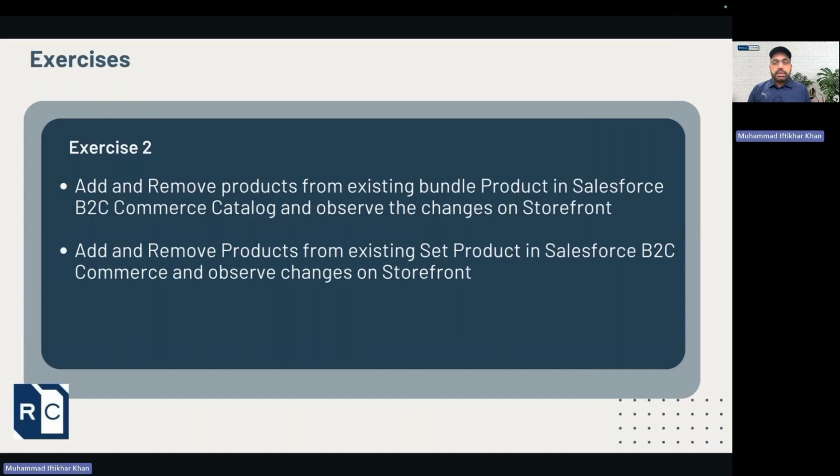In exercise number 2, we will talk about product sets and bundles: adding and removing products from existing bundle products in the Salesforce B2C Commerce catalog, and observing the changes on the storefront. Add and remove products from existing set products and observe changes on the storefront.